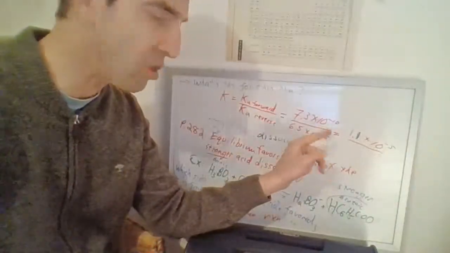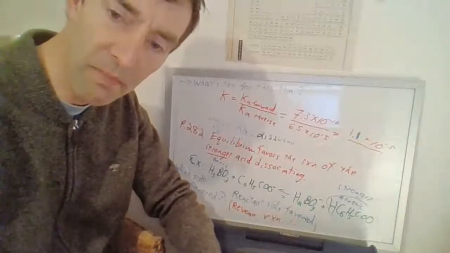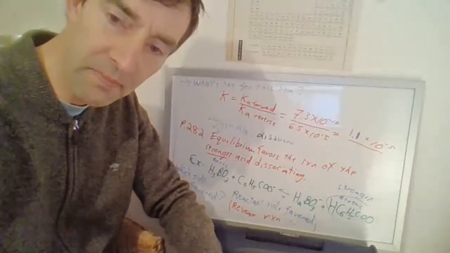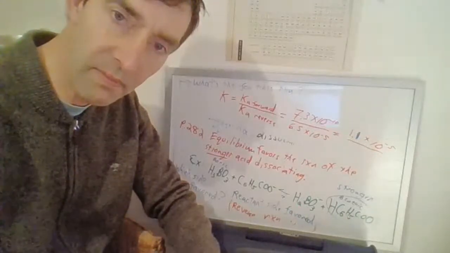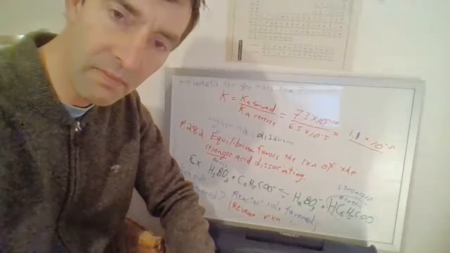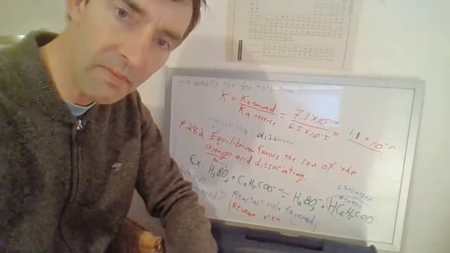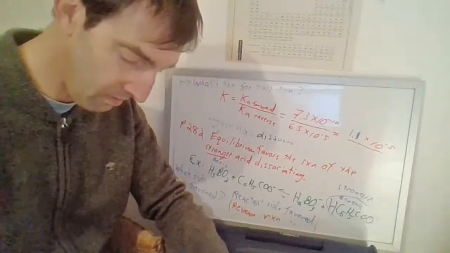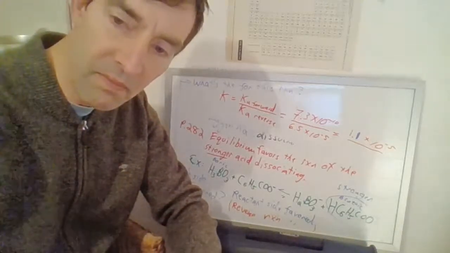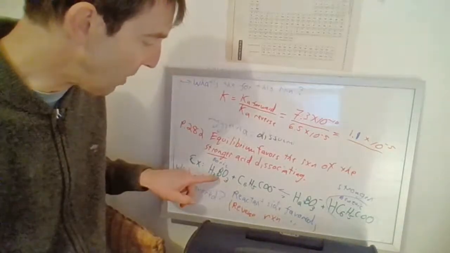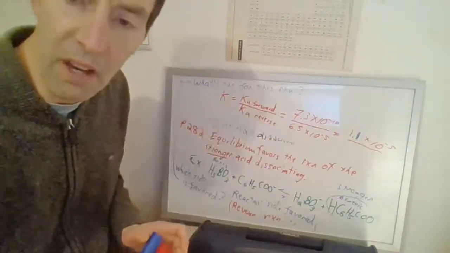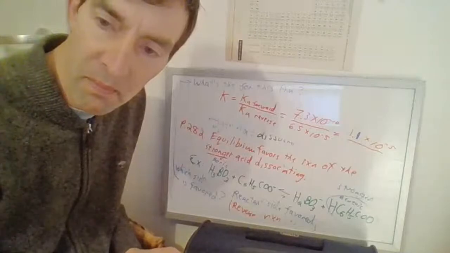What will I do with my two Ka values? Okay, so I want to write the reaction in reverse. Then what happens with my Ka values? What do I have to do with them?